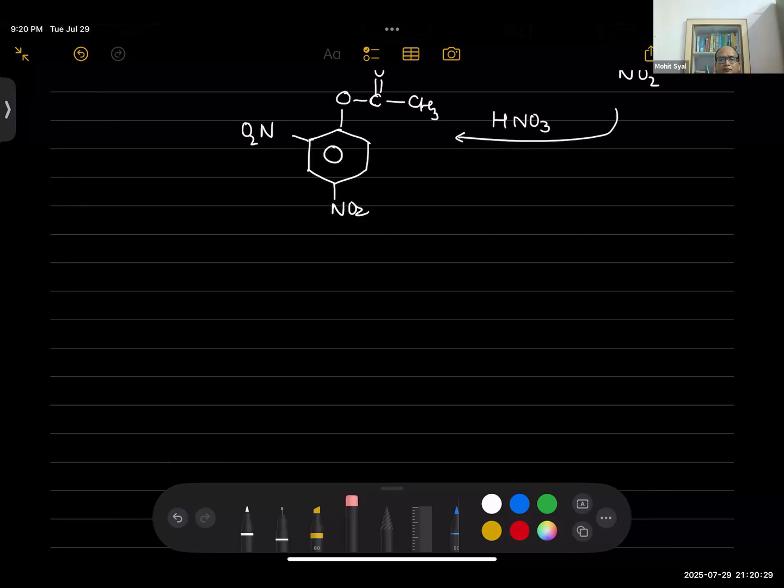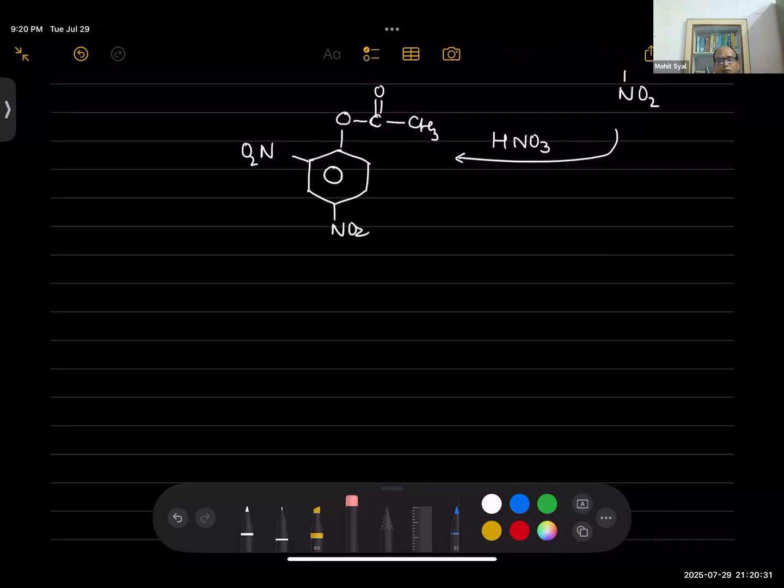So actually, how to prepare that salicylic acid from phenol? So I'm writing preparation of salicylic acid.